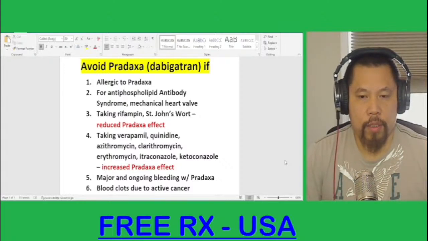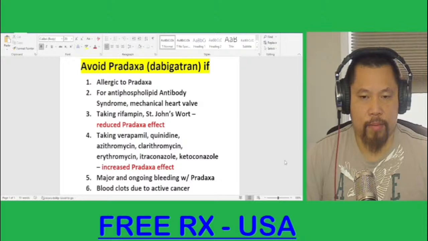You should check with your pharmacist or your doctor if you are taking any new medication or over-the-counter medication. If you are taking Pradaxa, ibuprofen or aspirin may increase the risk of bleeding, so make sure you let your doctor or your pharmacist know when you are taking Pradaxa.